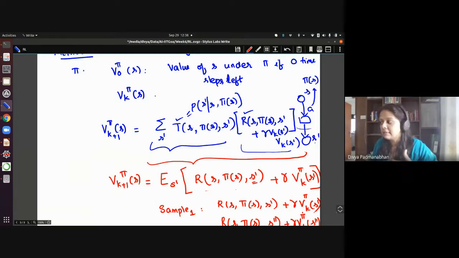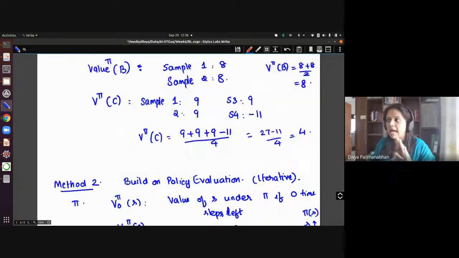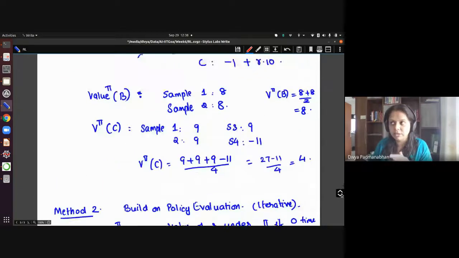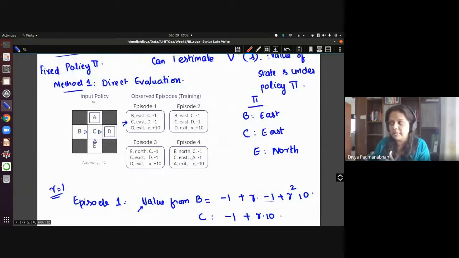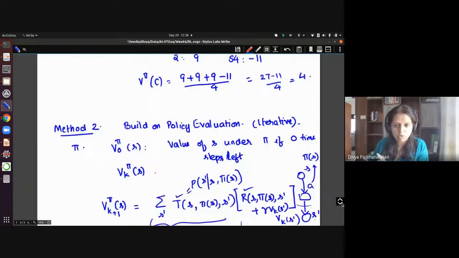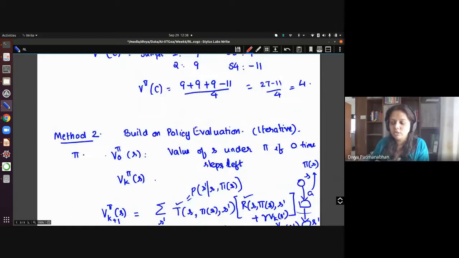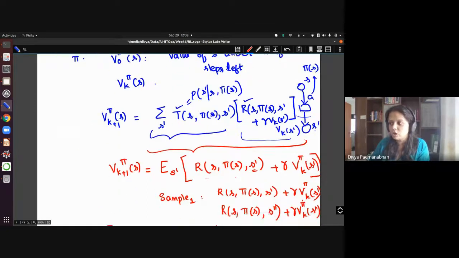So let's see it this way. Suppose you had all these episodes that were given to you at one go. You had these episodes, and then you're going to start this process. You're going to start with v0 and fix some capital K. So you're going to do these iterations till some depth K, for capital K time steps, and in each time step you're going to work with each of these samples.